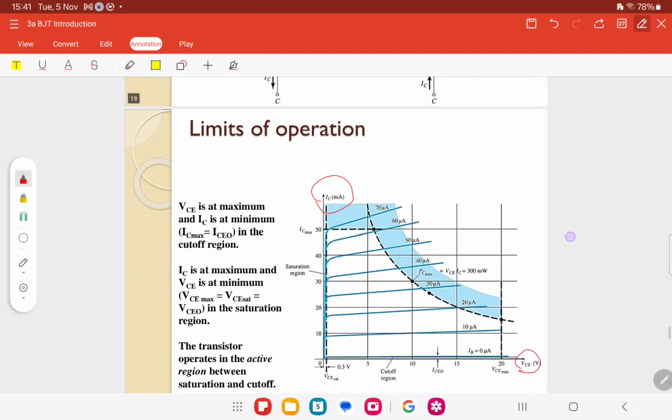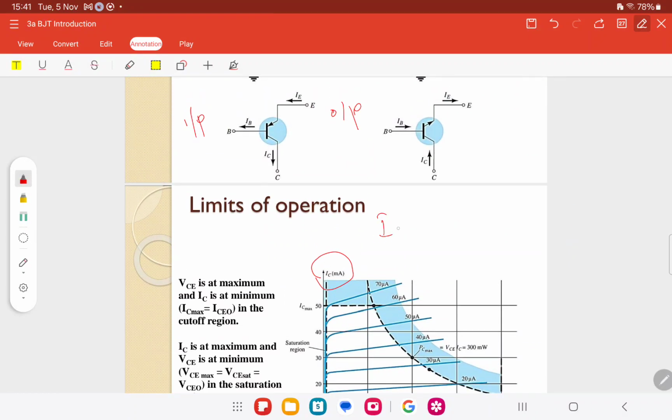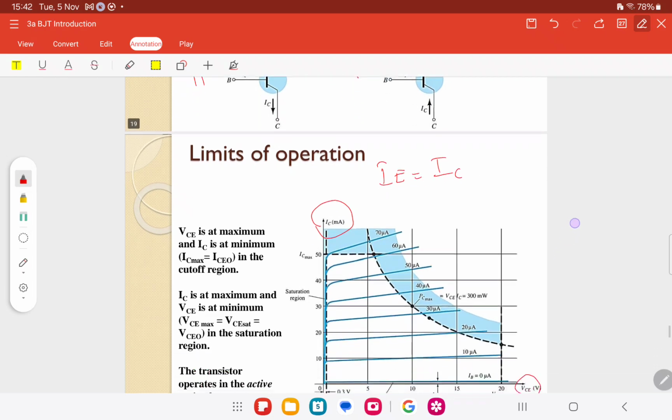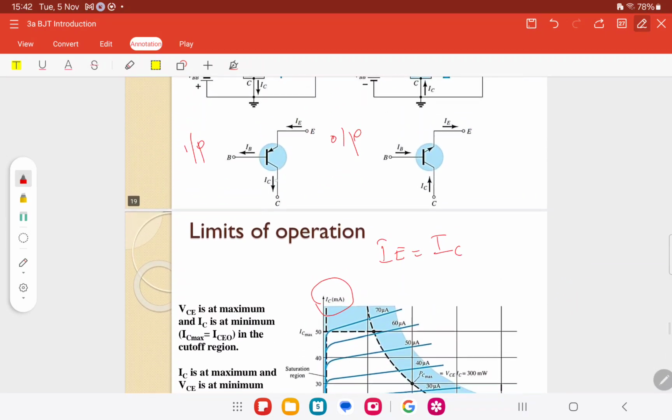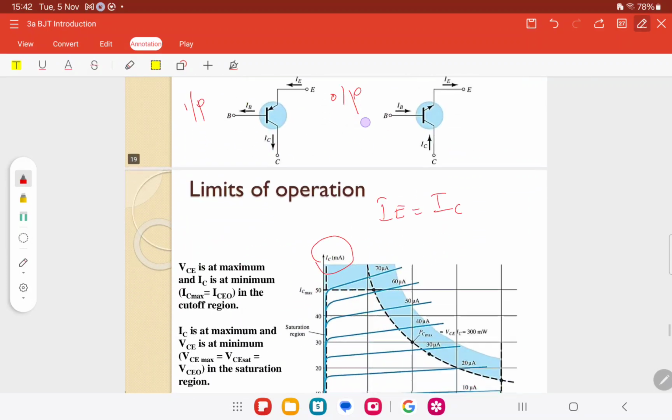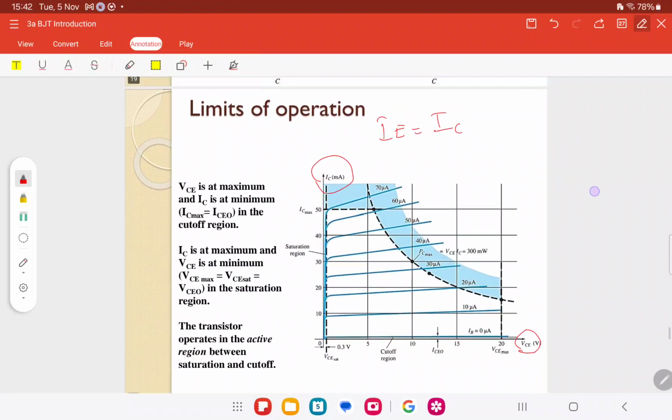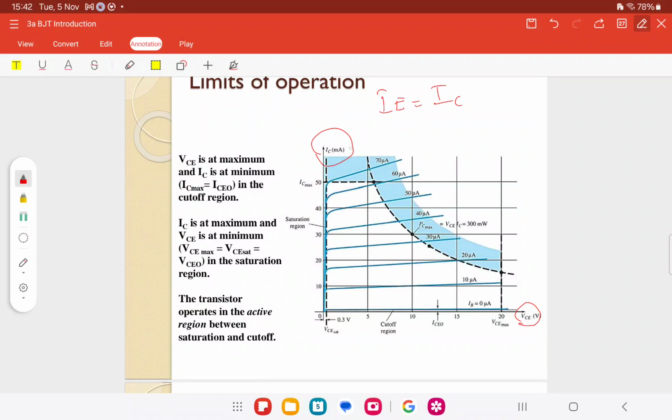Okay, VCE, IC kan, IE equals to IC. Okay. Yang ni kita tak ambil, sama je lah antara dua tu. Okay. VCE is maximum, and at this point at saturation, VCE is equals to 0.